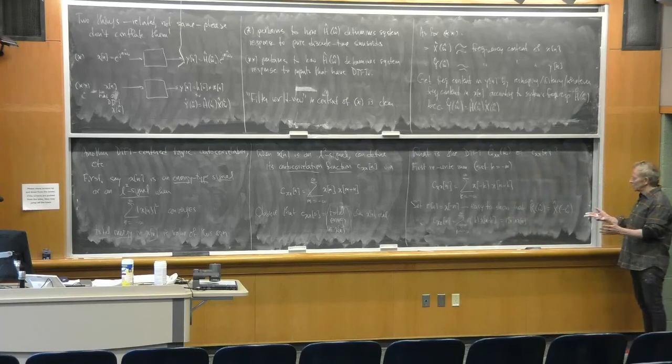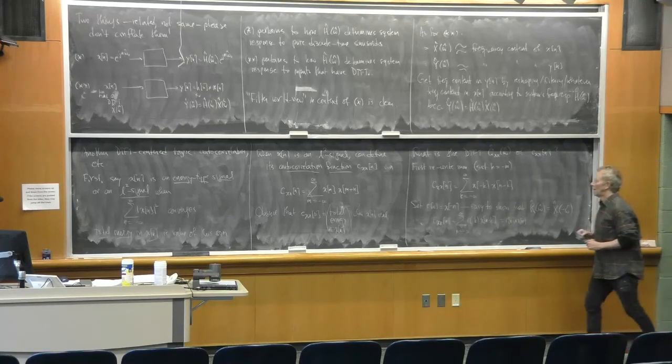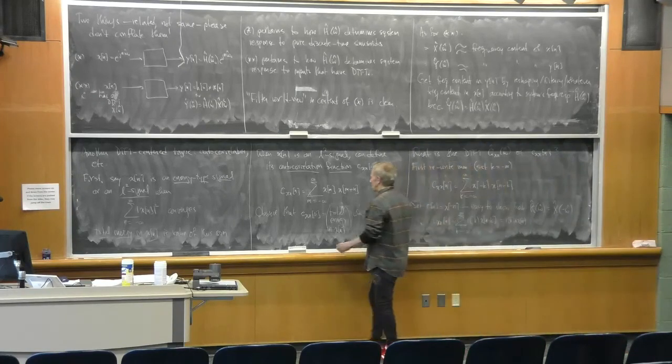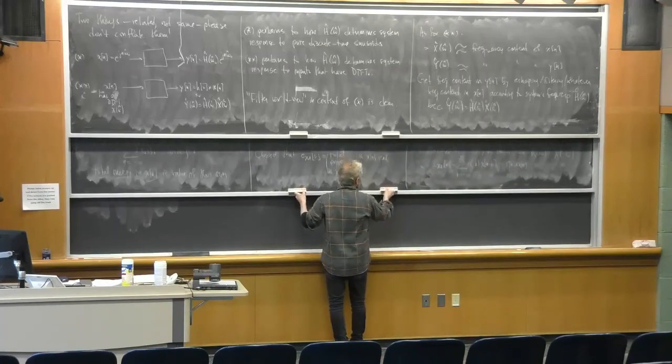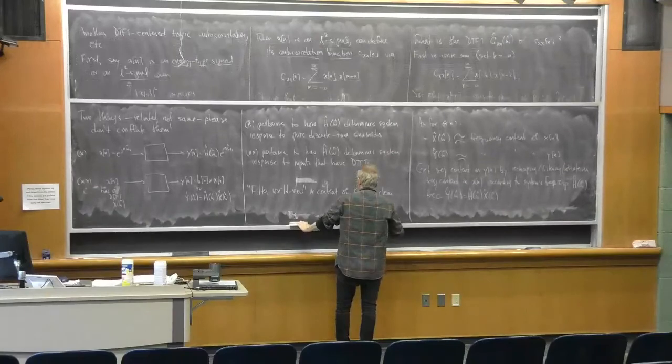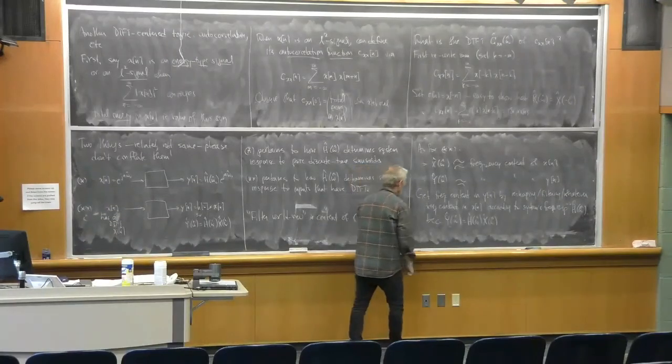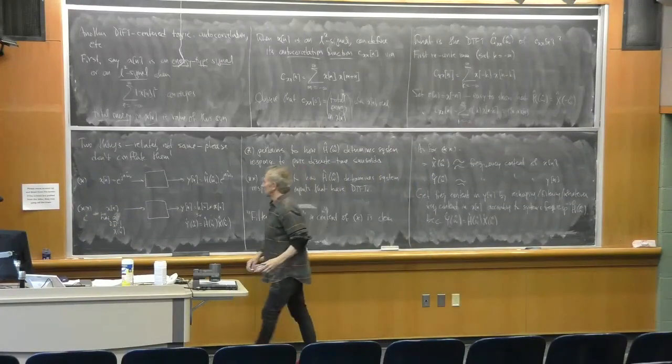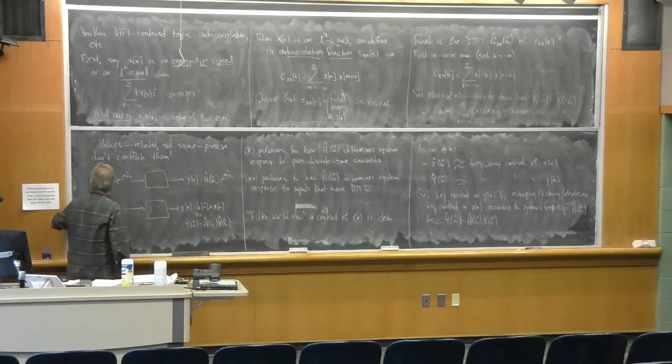So the convolution rule tells us that the DTFT of the autocorrelation function is the product of the DTFTs of x and r.